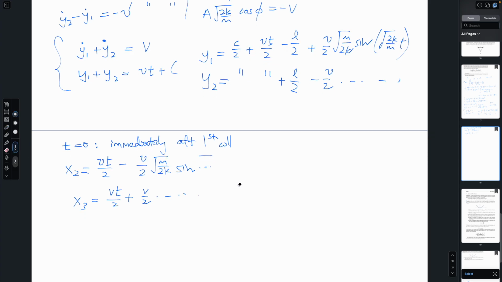And then you just equate x2 equals x3 to find the second collision. The second collision is when x2 is equal to x3.